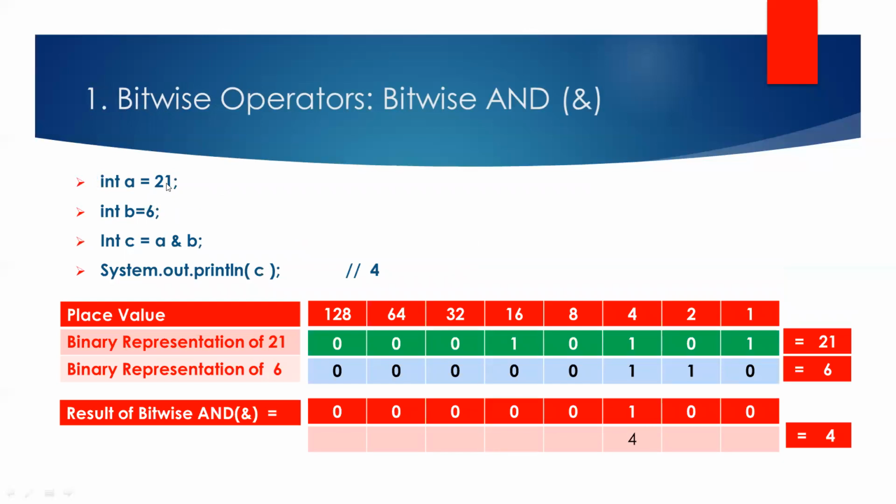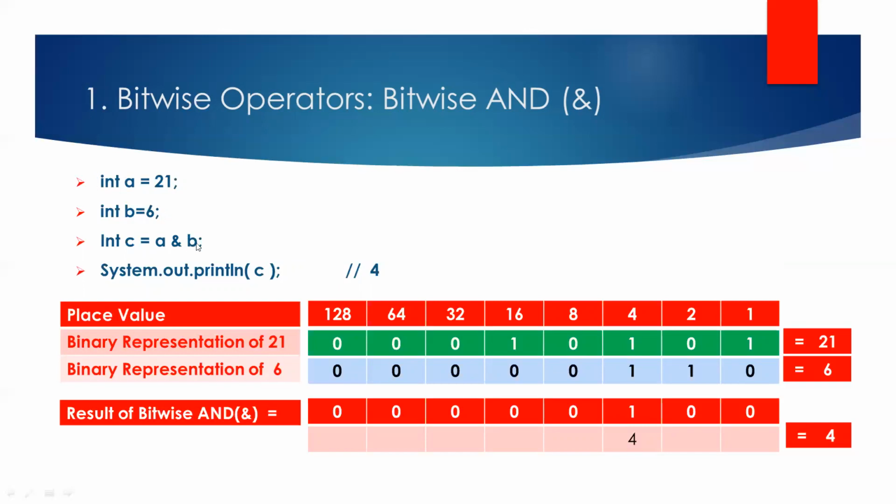Now, if a is equal to 21 and b is another variable that is 6, and we want to perform a and b, first of all, 21's binary value will be ANDed with the binary of 6.